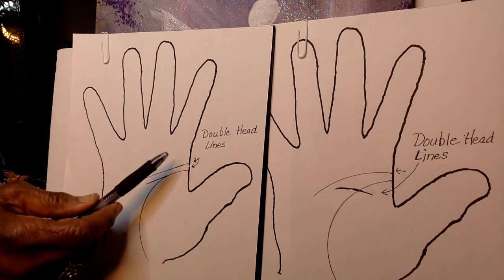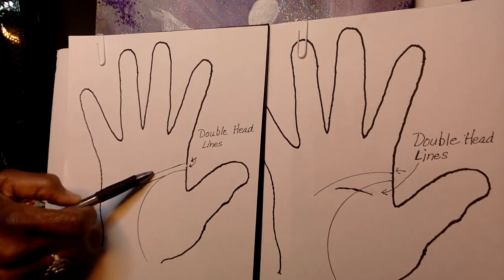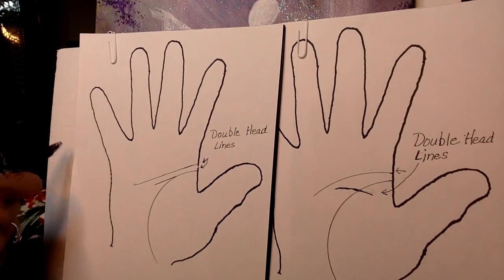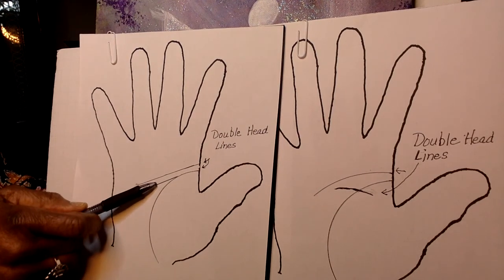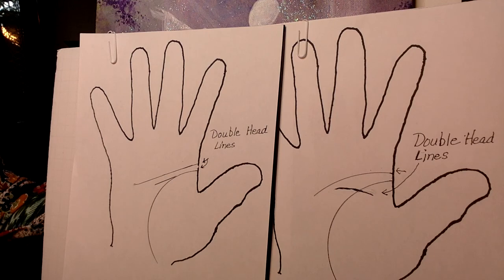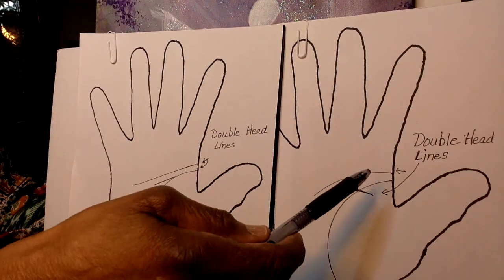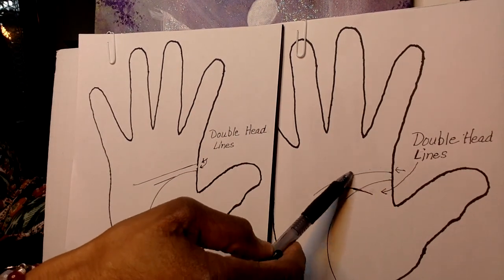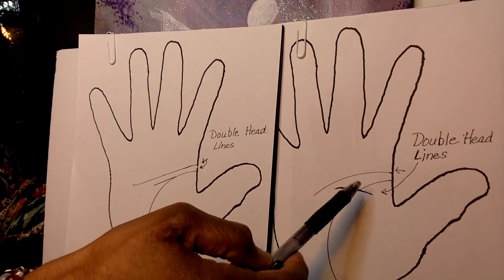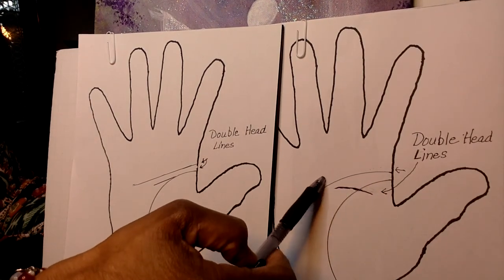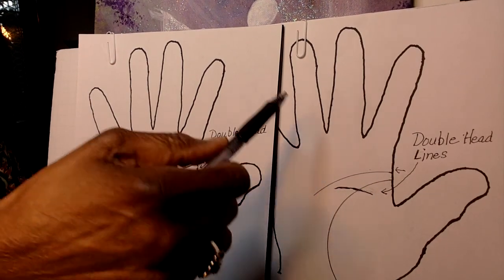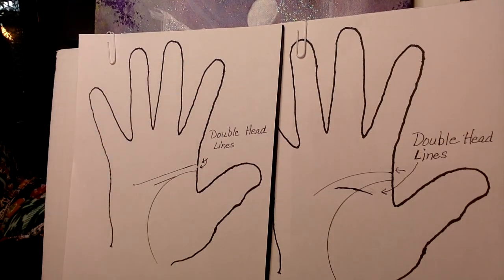So in this case, you have one that runs straight across. That's a practical thinker. This will be totally different. It could be practical, but in a different way. Taking a look at this, it is curved down. This is more going into the arts, imagination, and intuition.